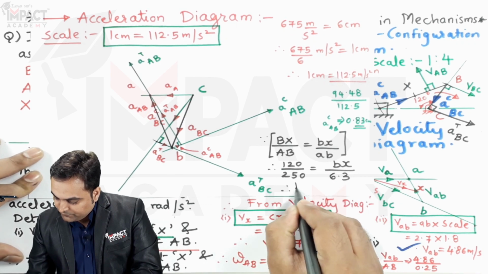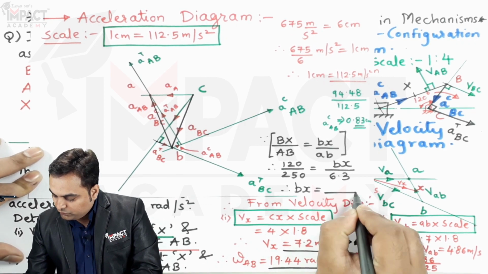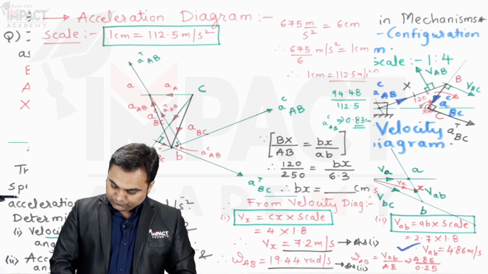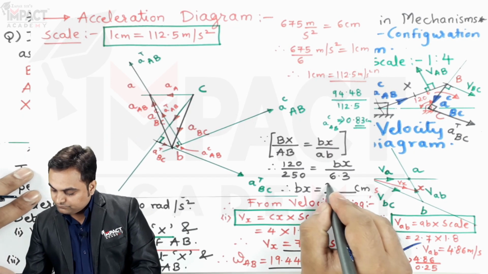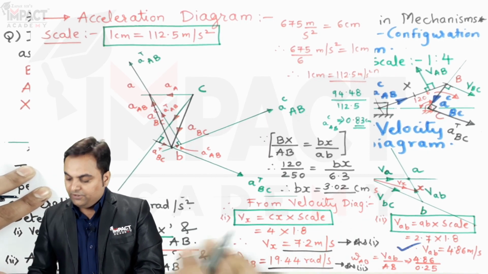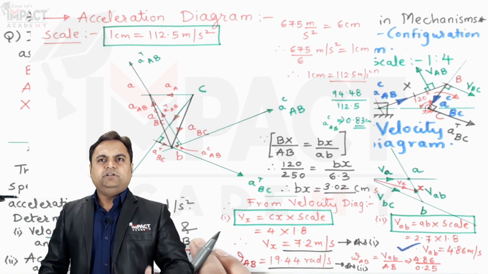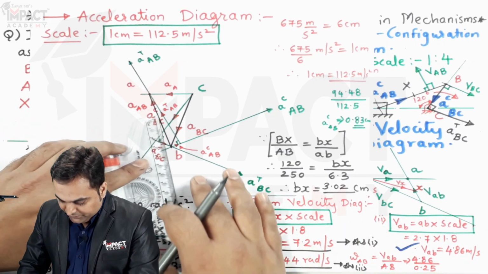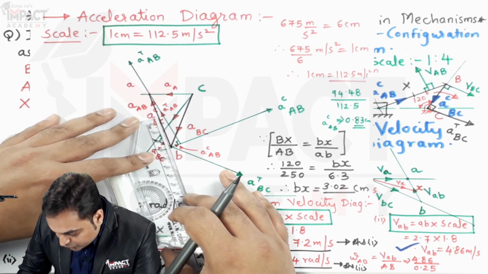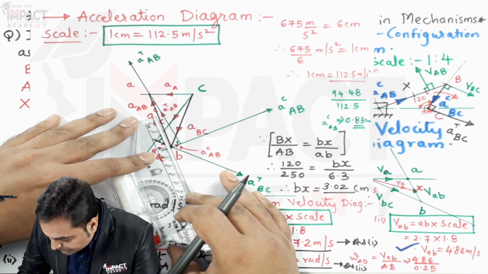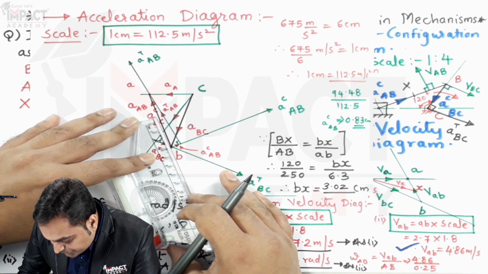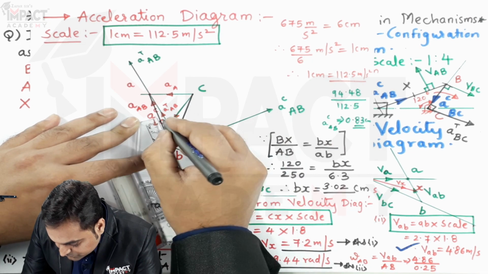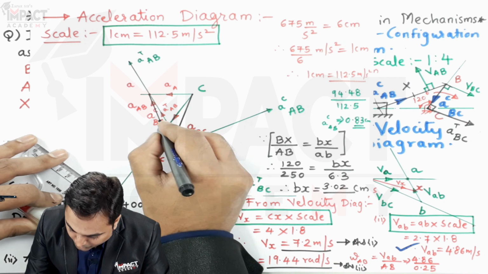So therefore the bx value would be 3.02 centimeter, or approximately we can say 3 centimeters. So from point B I am going to measure approximately 3.02 centimeters. So this gives me point X.